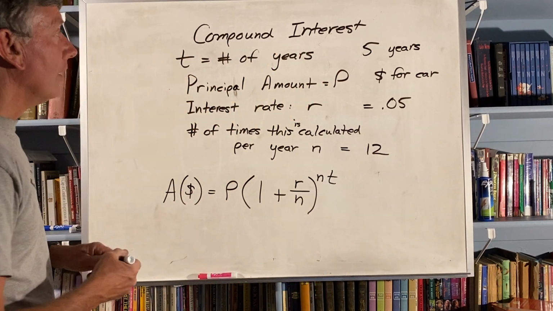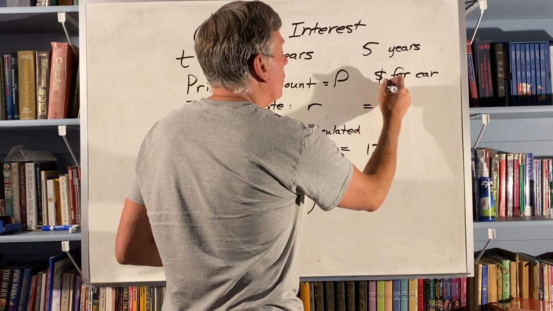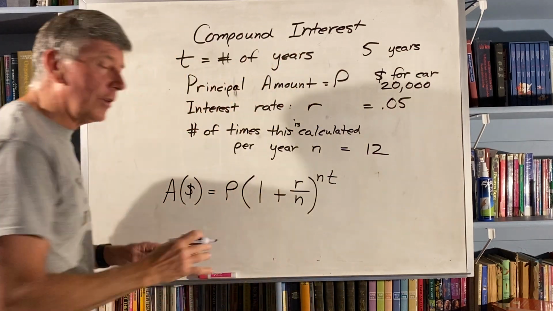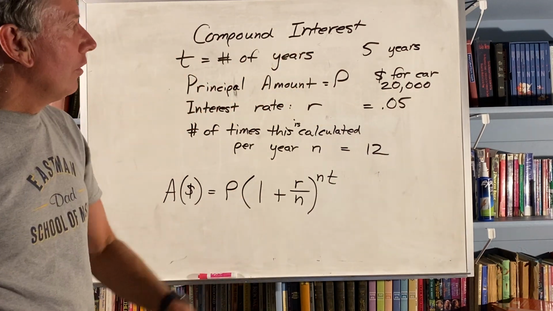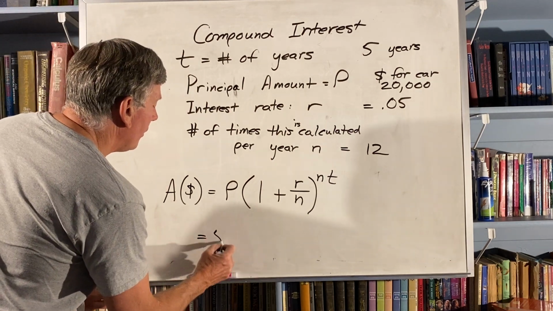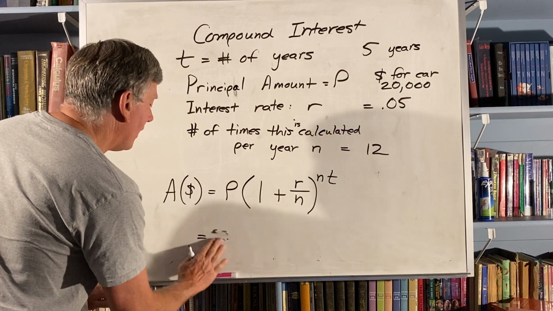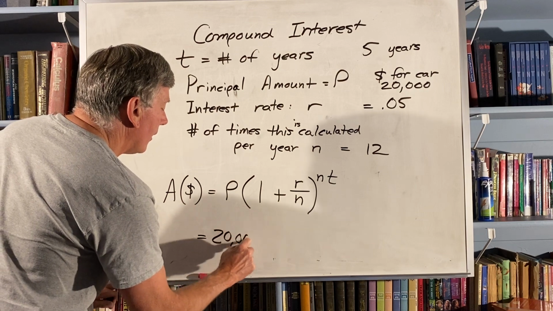So our formula, let's say P is a $20,000 car. And so we're going to figure out how much we're going to pay for the full 5 years. That's our principal, 20,000.